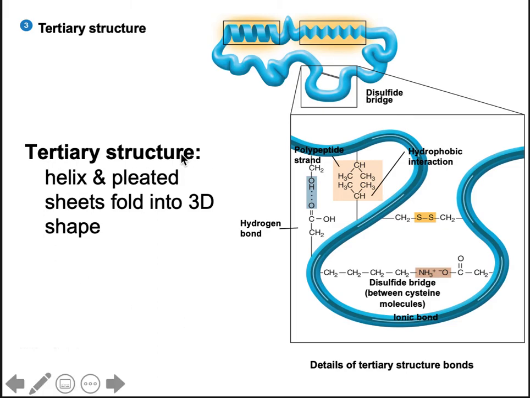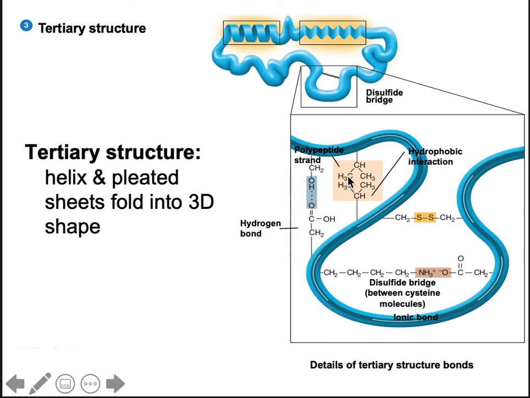Now we have tertiary structure when those helix and pleated sheets get folded together, and you get a 3D shape overall. And it's not shown very well in this image, but what they're trying to show is that you'll get a lot of different types of bonds happening in this level. You have regular hydrogen bonds here.